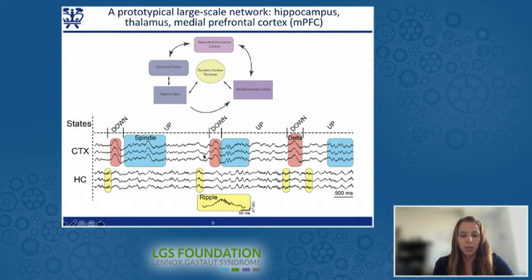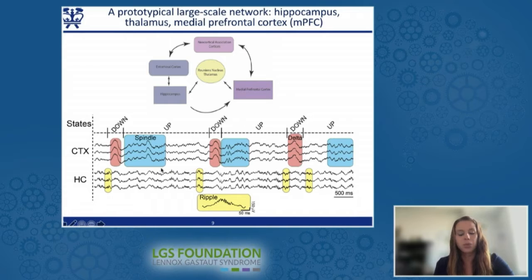We know that in the hippocampus, there are these high-frequency oscillations called ripples that order neural firing and encode sequences of information. And similarly, in the cortex, there are these lower frequency oscillations called spindles that also sequence information and neural firing. During sleep, the cortex is fluctuating between these activated up states and these dysfacilitated down states.